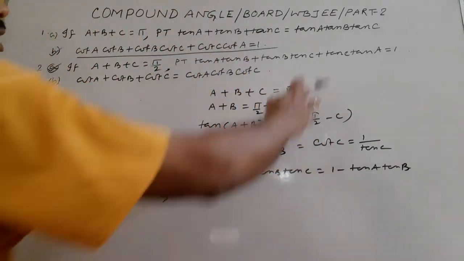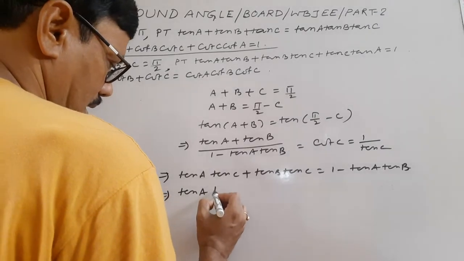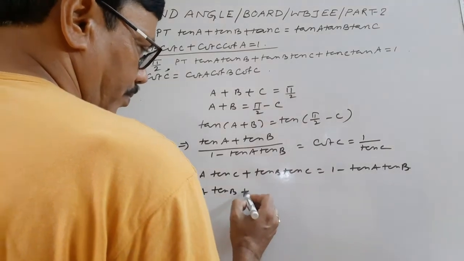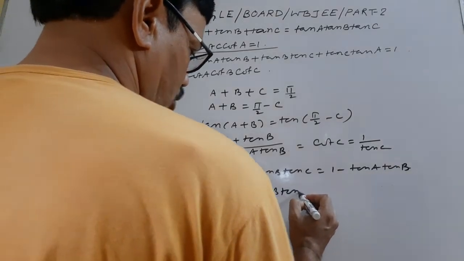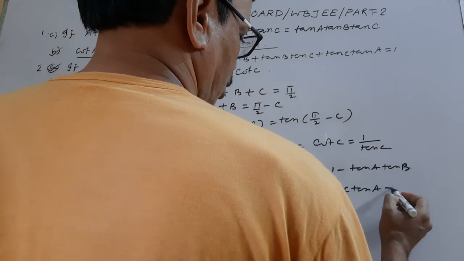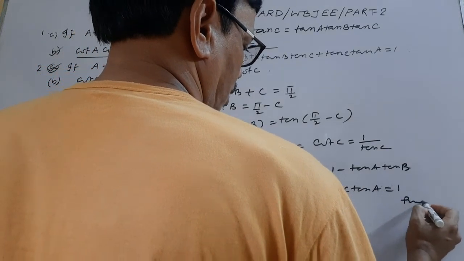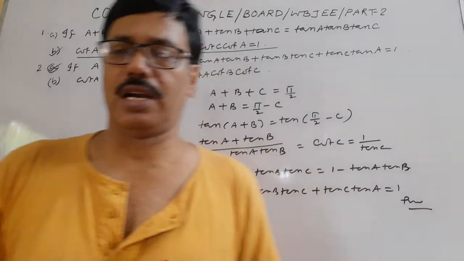So all the terms to the left hand side: tan A tan B, this one to the left hand side, tan B tan C, tan C tan A = 1. So these are called conditional identities.